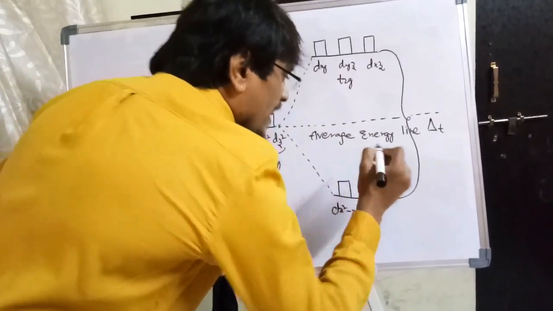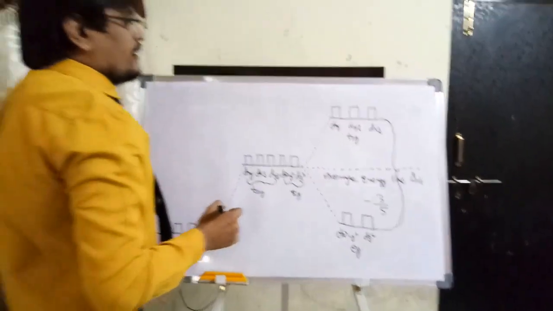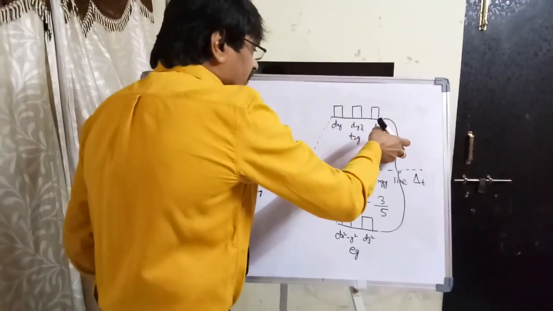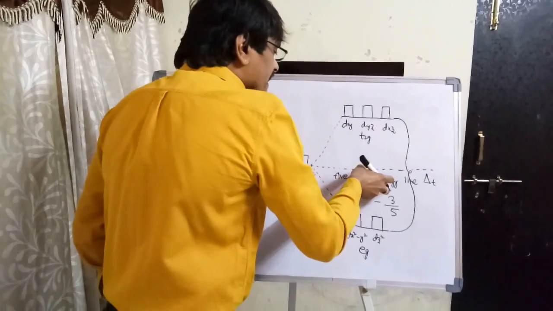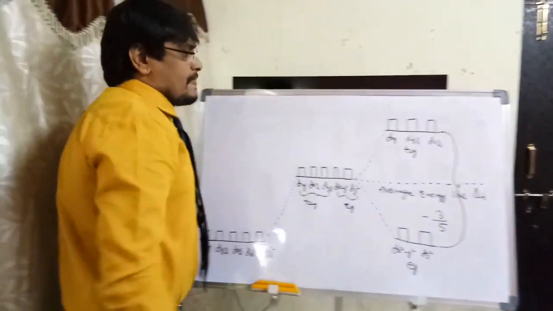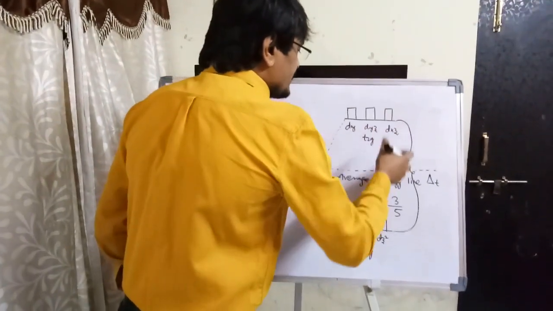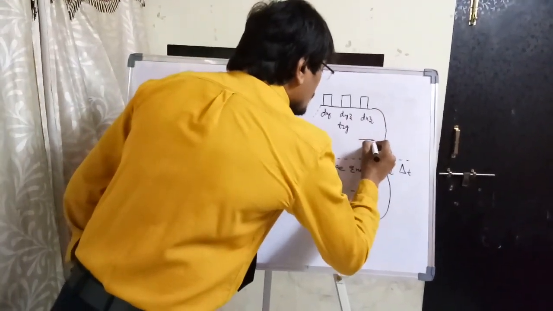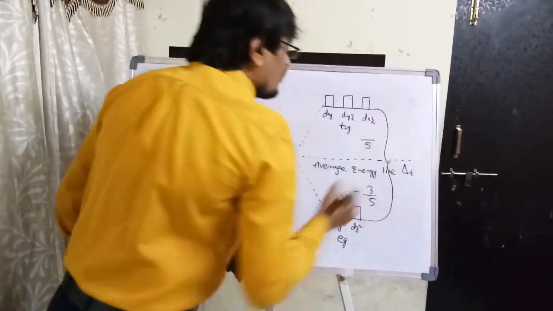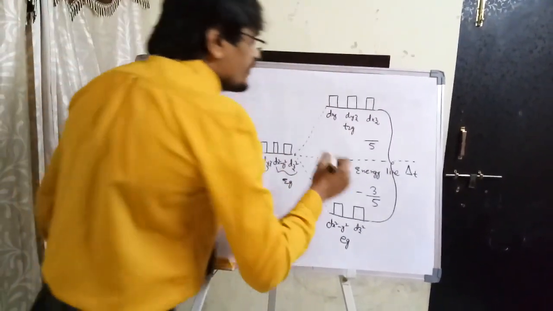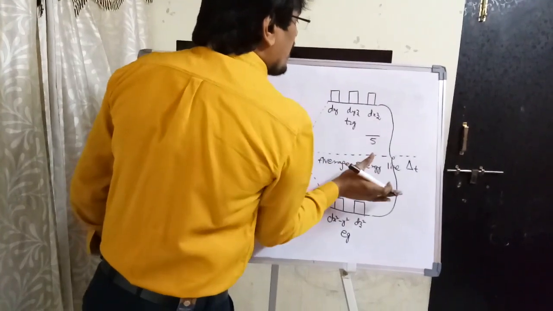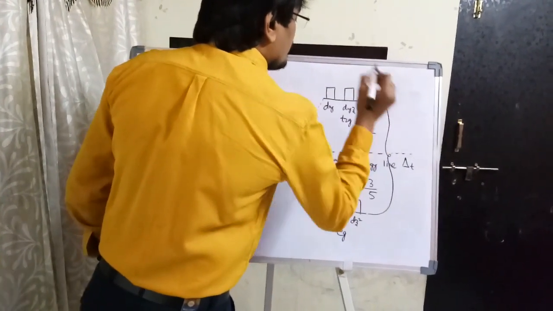That's why minus. Now let us see what is the energy gap between the T2g set of orbitals and the average energy line. Totally 5 d orbitals are there. Out of 5 d orbitals, 3 are occupying the highest energy level. 2 are left.